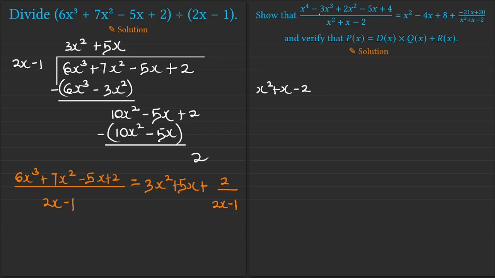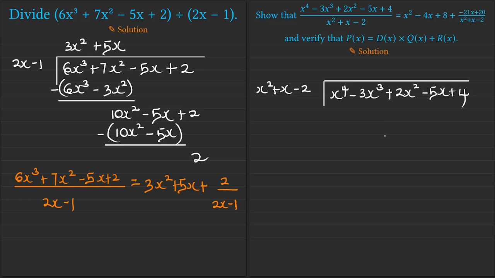That is from this, the divisor. Then for the dividend, we have x to the fourth minus 3x cubed, then plus 2x squared minus 5x, and then plus 4. So with that, let's start our division.